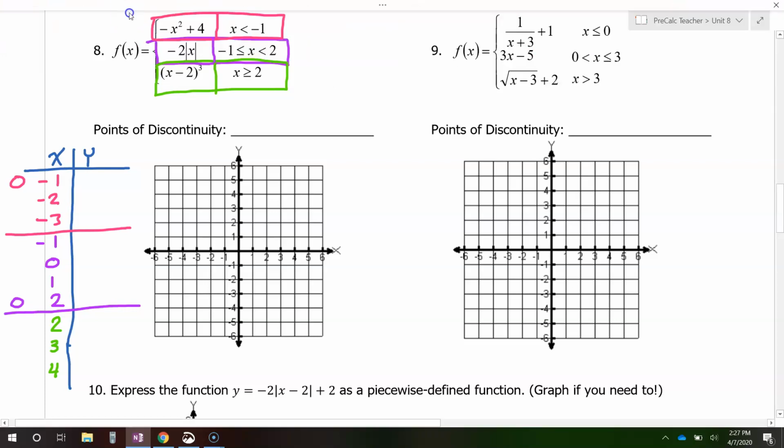Let's start with the red part. So this is the opposite of x squared, plus 4. I'm going to show this one, and then I'll do the other two in my head. If x is -1, understand that is -1 squared. But then it says this negative sign in front of it.